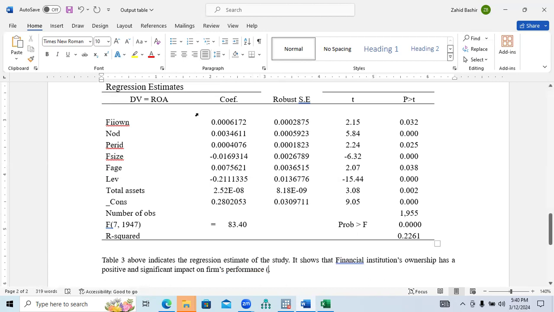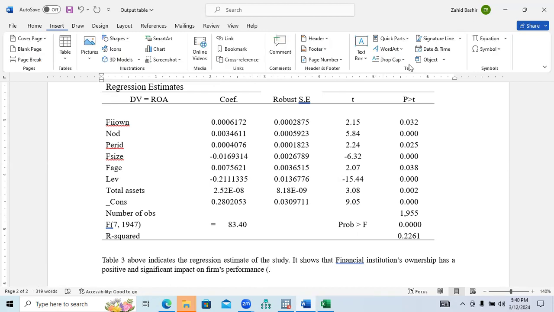The coefficient value is indicated by the beta sign. Go to Insert and you will see the symbols. You need to find whether there is a beta sign here. Yes, this one. Equal. You need to put the coefficient value here, like this. And you need to put the t value, which is greater than 1.96.